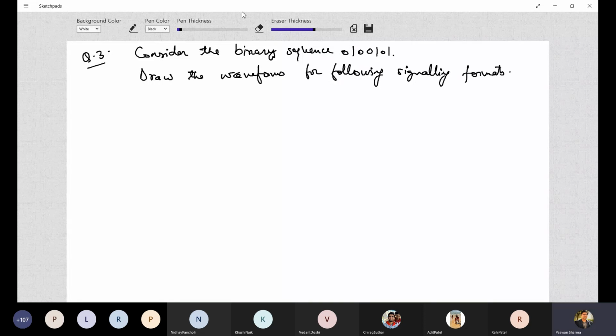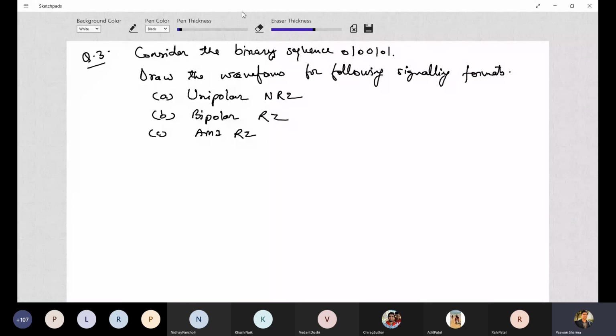So you have to represent this graphically in unipolar NRZ, bipolar RZ, and AMI RZ.